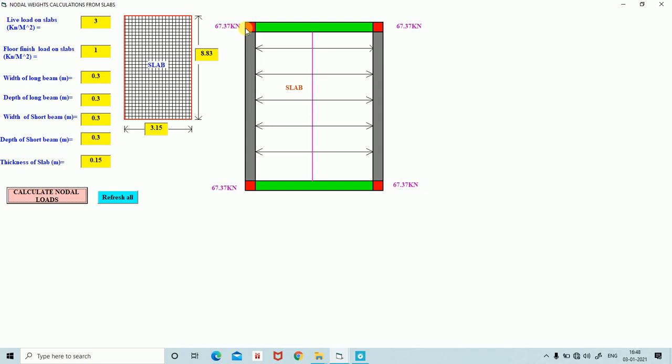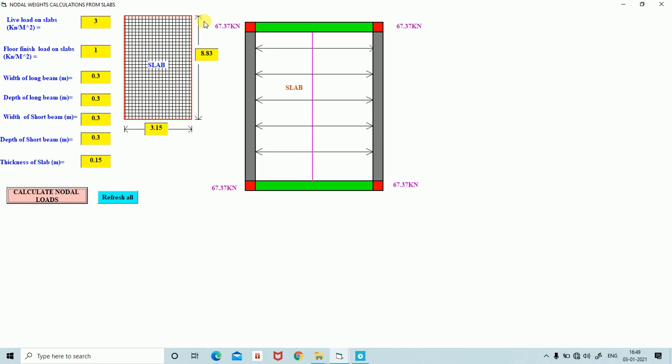Therefore, for practical purposes, this nodal weight calculation is very useful to design the footings as well as the columns. This nodal weight calculation is also very important for those who are involved in earthquake engineering.